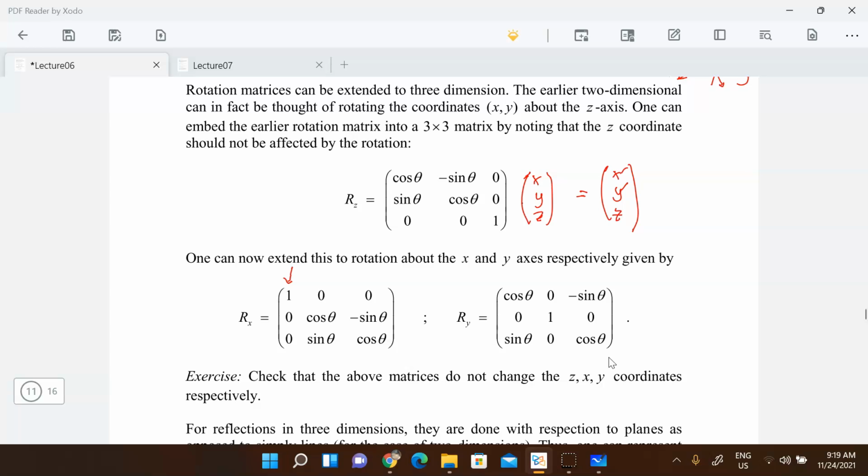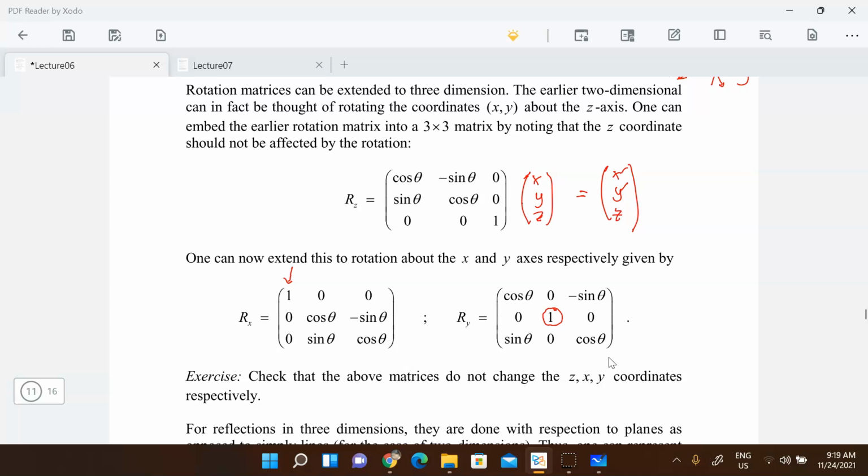Okay, so the 2 by 2 rotation matrix appears below here instead of the upper block here. But if you look at the case of rotation about the y-axis, your rotation about the y-axis must have your y coordinate unchanged, and that should give you the 1 in the previous matrices situated over here.